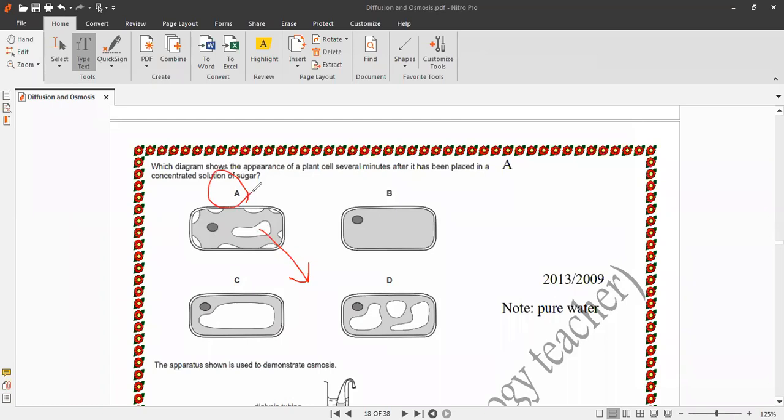So the correct answer is A. But if you put the plant cell in pure water, what happens? The water moves into the cell. The cell will swell and increase in size. So the correct answer is C for pure water.